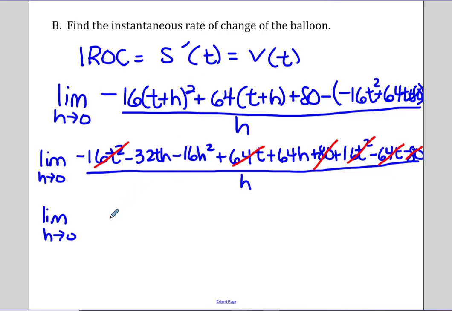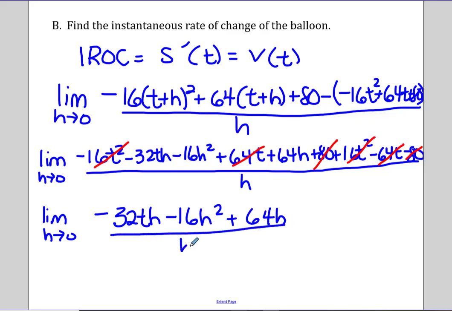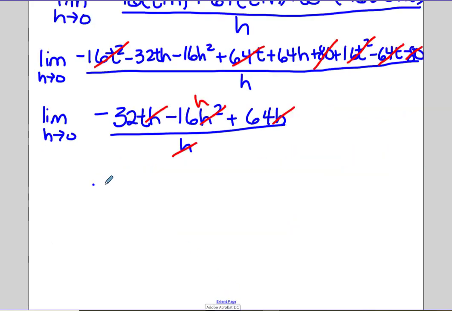Then simplifying that a little more, we got negative 32th minus 16h squared plus 64h divided by h. And if we take out an h from each of these terms, we're left with negative 32t minus 16 times 0, because we're letting h go to 0, plus 64.